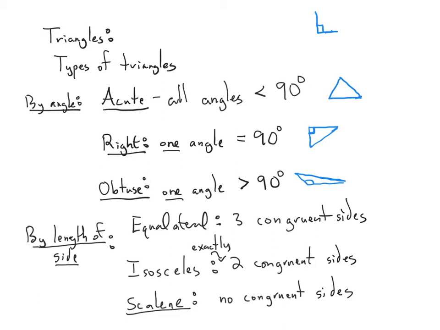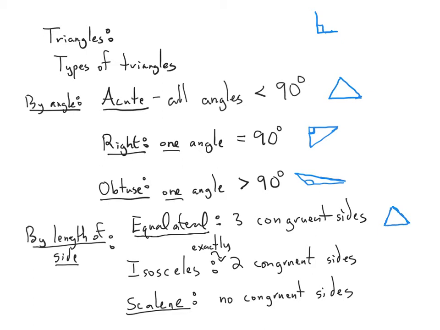And we can classify them by lengths of sides as well, and congruent sides. An equilateral triangle is a triangle where all the sides are congruent. So all 3 sides, let me try and draw this, have the same length.